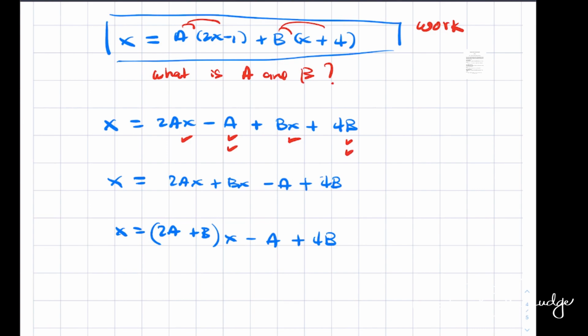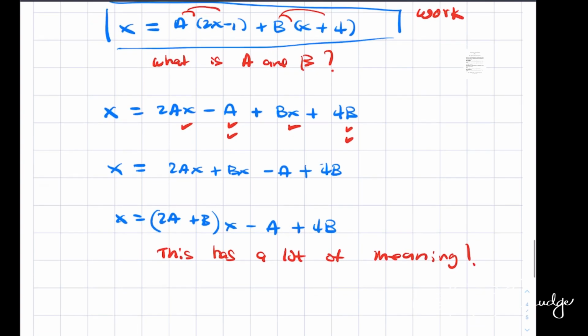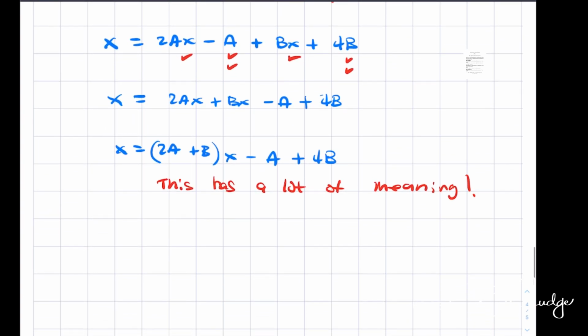And so this is an equation here. Let's double check to see if our algebra is okay. It looks like it's okay. So let's stop and think here. The left side equals the right side. This has a lot of meaning, believe it or not. What that means is the left side equals your right side.